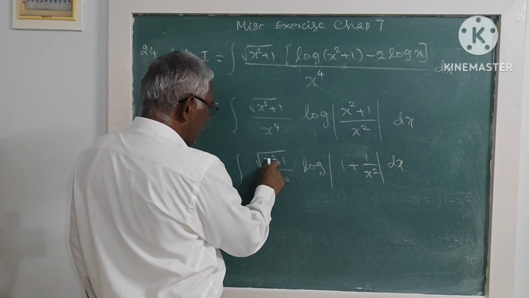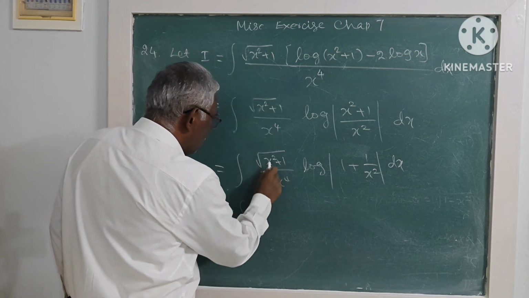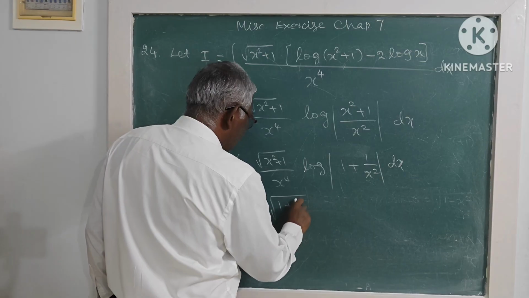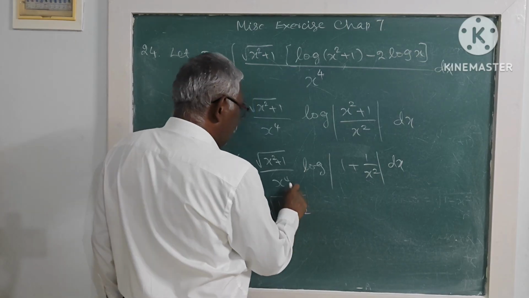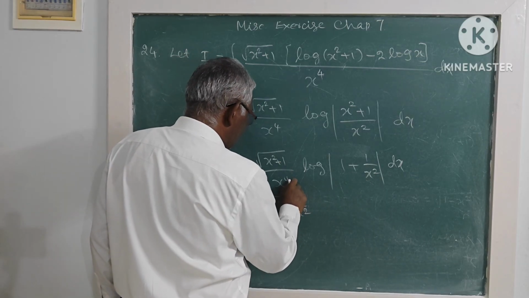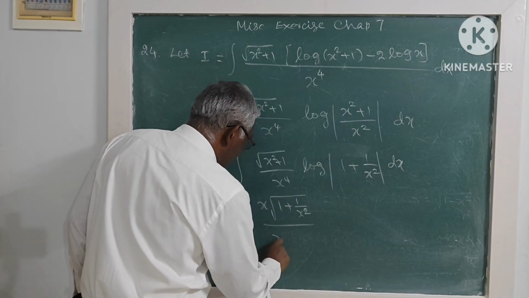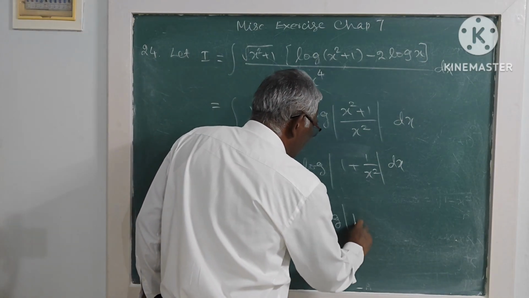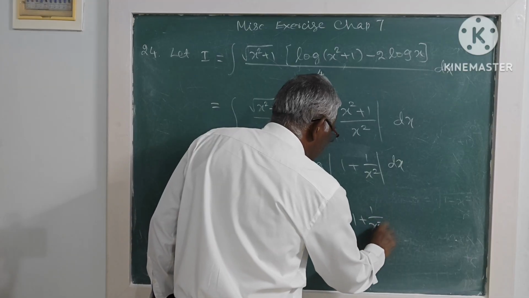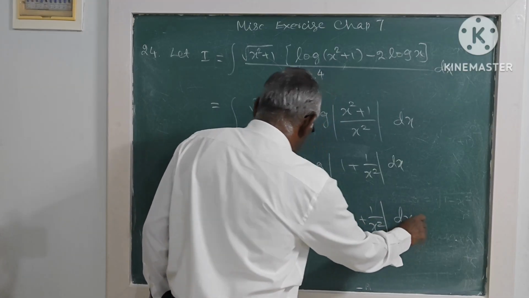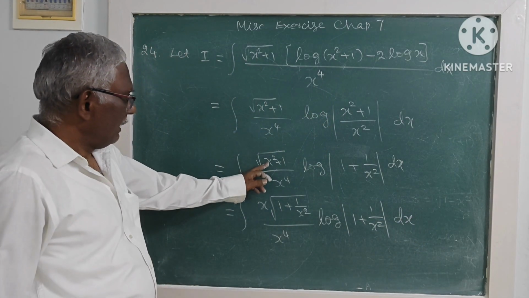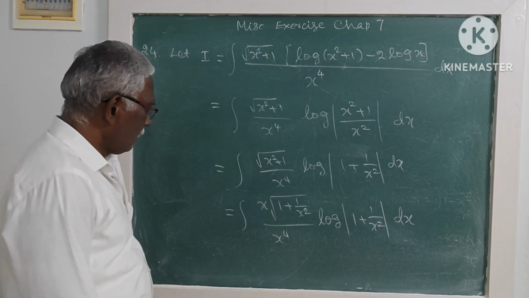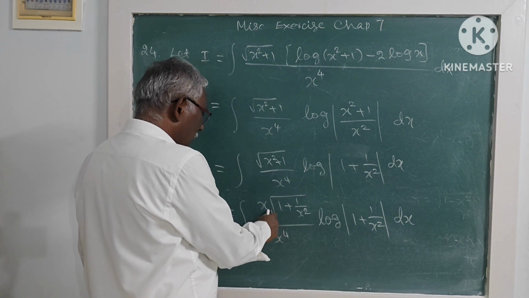So here we take x square outside, that will become x, then 1 plus 1 by x square comes here by x power 4, log of 1 plus 1 by x square dx. If we take x square outside, 1 plus 1 by x square is coming. So this will become 1 by x cube.